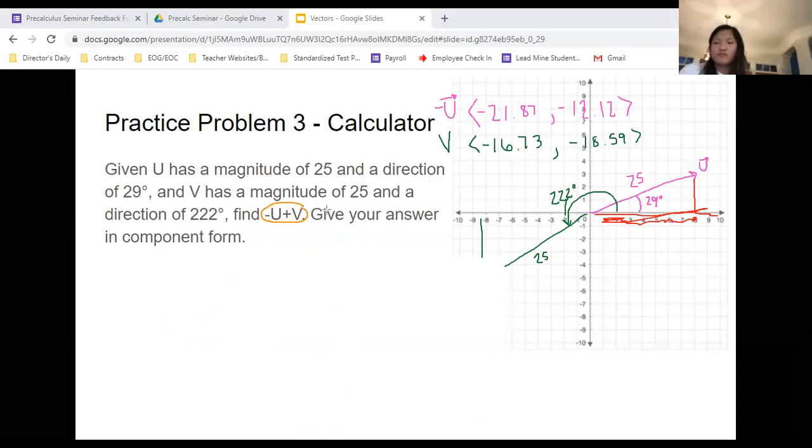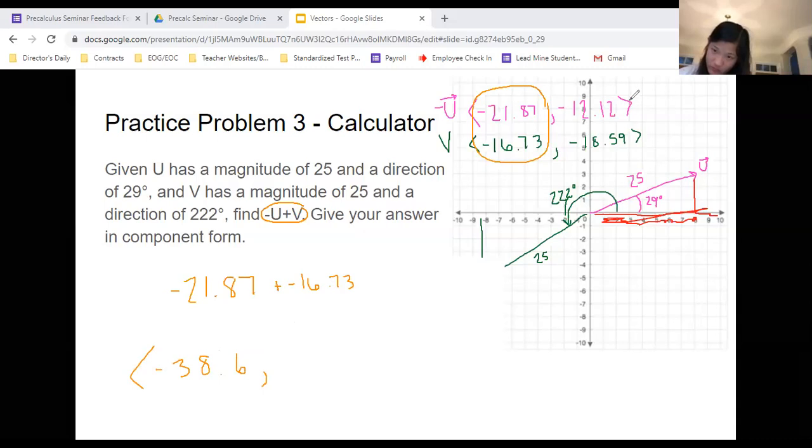To do my negative u plus v, I add my x components together and get negative 21.87 plus negative 16.73, which is negative 38.6.